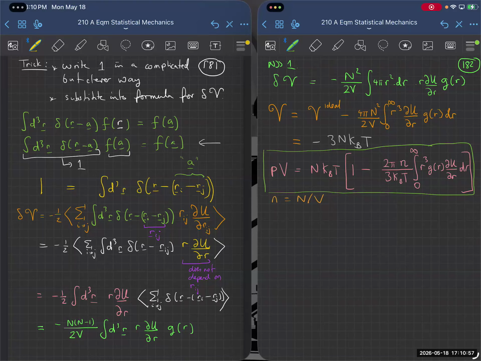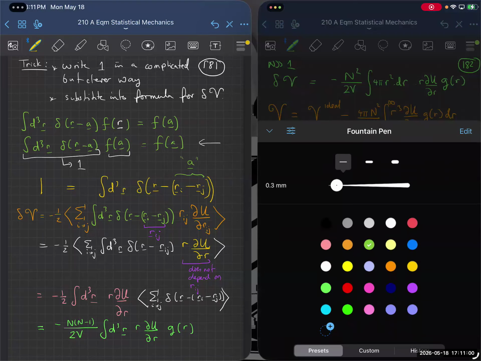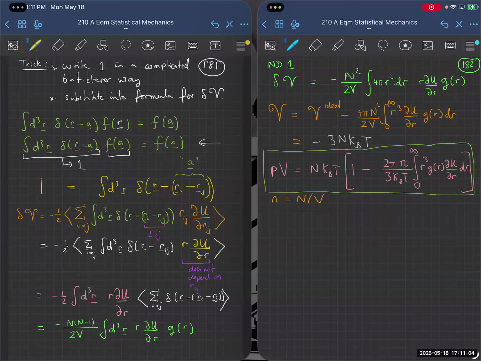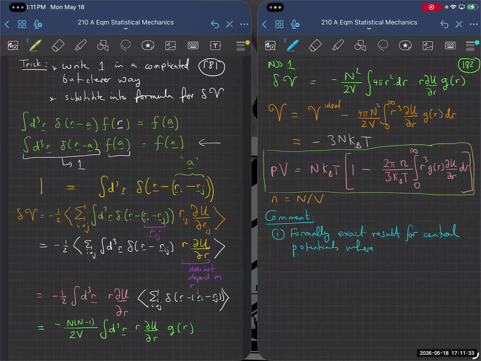So, some quick comments. This is a formally exact result for central potentials, where the potential is rotationally symmetric, so it doesn't depend on the direction.